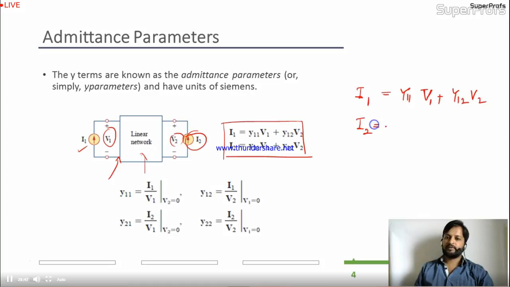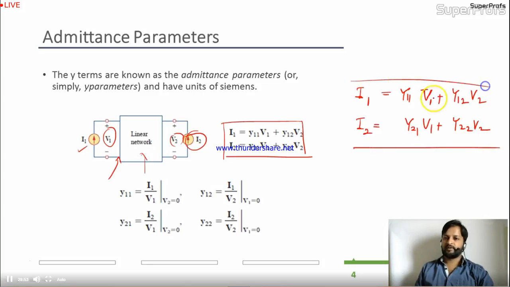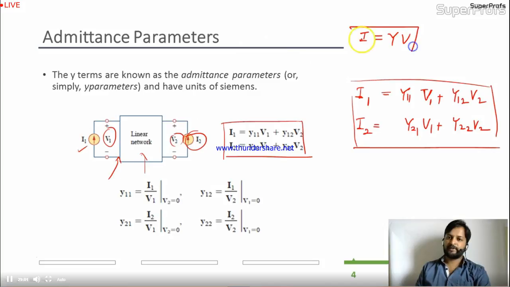I2 equals Y21 V1 plus Y22 V2. Is it okay to you? Good.